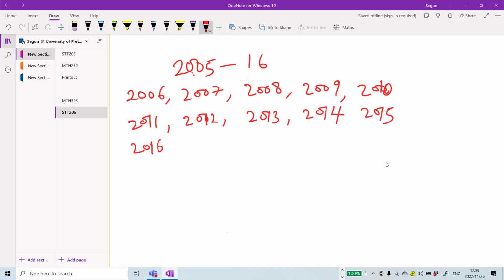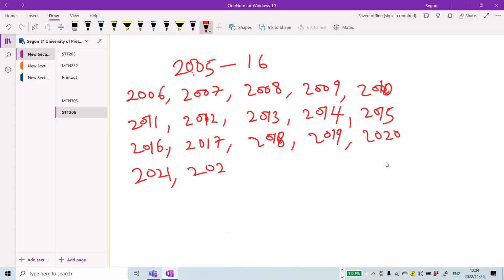No, I mean that one is 10. 2015 is 10. 2017, 2018, 2019, 2020, 2021. That is 26. 2022. 2015 is 26 now.